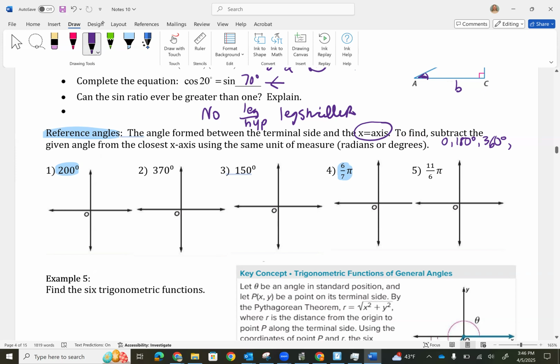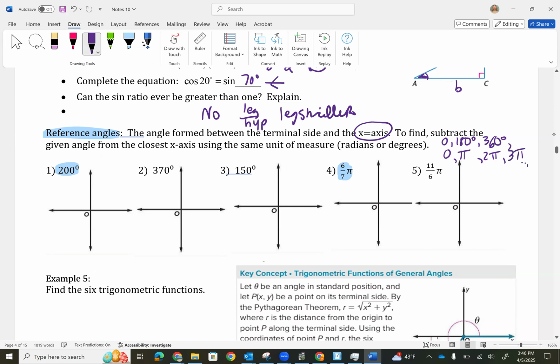So the closest x-axis in degrees, or in radians, would be 0, pi, 2 pi. And we could keep adding pi, just like you can keep adding 180 here, you could get 3 pi, etc.